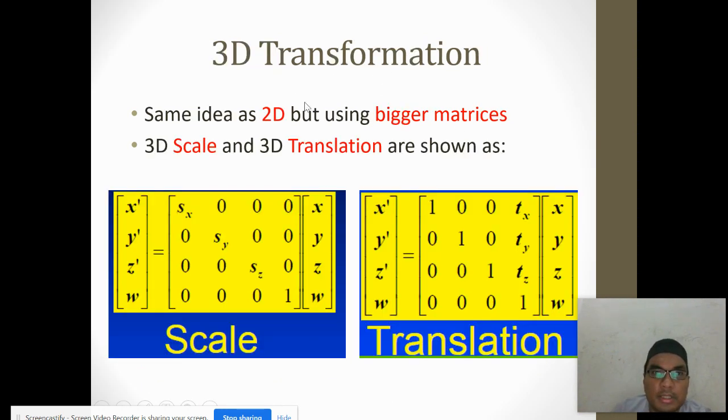Okay, so for the 3D transformation, it is the same as what you have learned before in the 2D transformation, but this one will have a bigger matrix. The same idea as 2D but using a bigger matrix. The 3D scaling and 3D translation are shown below, where you have x dash, y dash, and z dash.